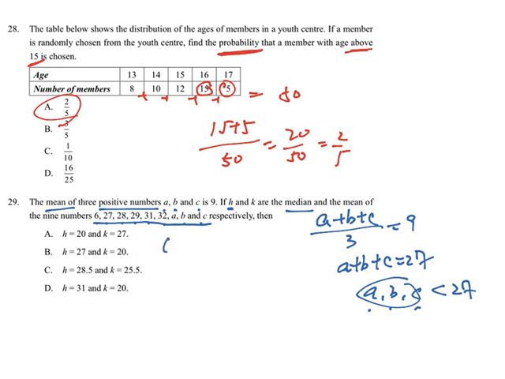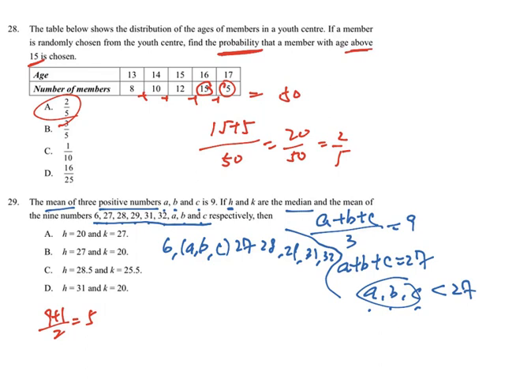We are not sure of the position, but we know it should be less than 27, 28, 29, 31, and then 32. So 9 data. For the median, we know it is 9 plus 1 divided by 2, that means 5. So you count 1, 2, 3, 4, 5. So the median is 27.